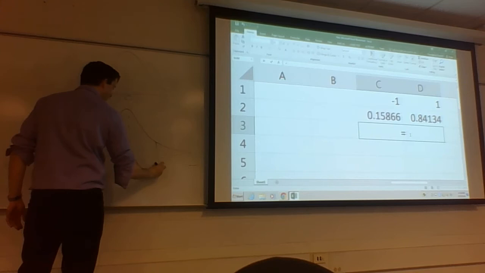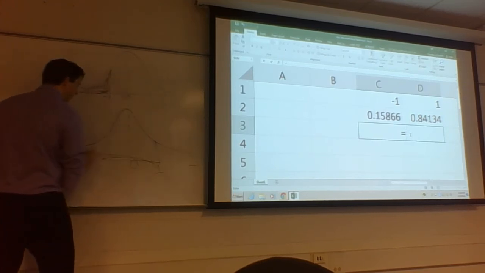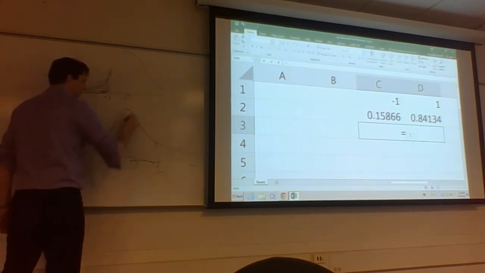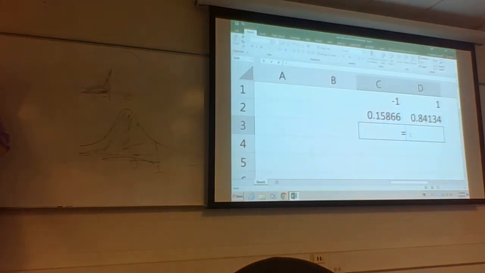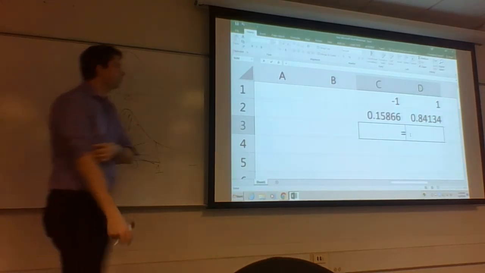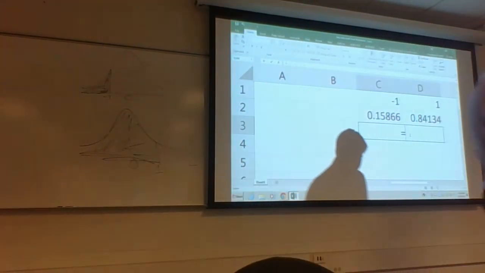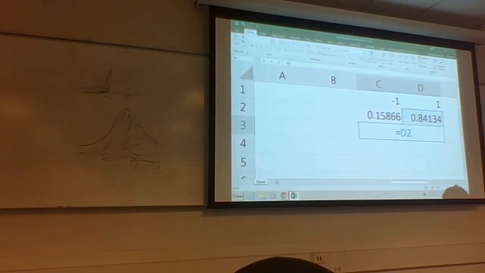And we found this area, right? So how do we find just the area between the two? Exactly, we subtract the small one from the big one, and we got 68%.